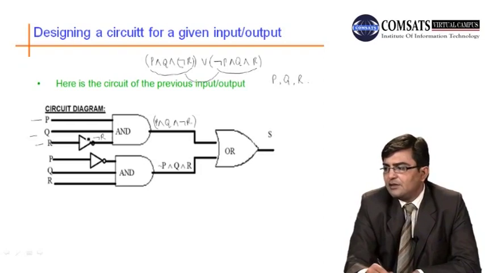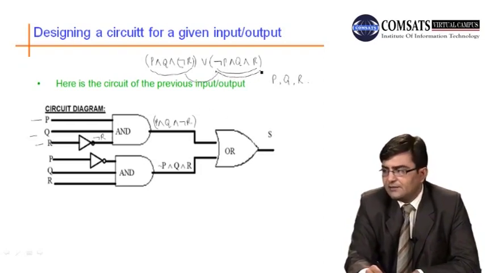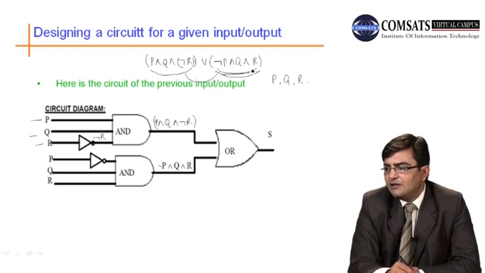Similarly, we now construct a logic gate for this bracket, this expression. In this expression we have not P and Q and R. So here we have P, we have made a NOT operator here. This will make not P here.